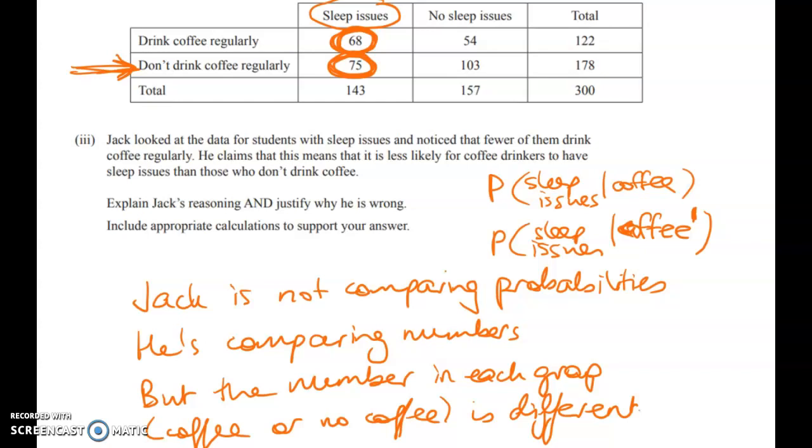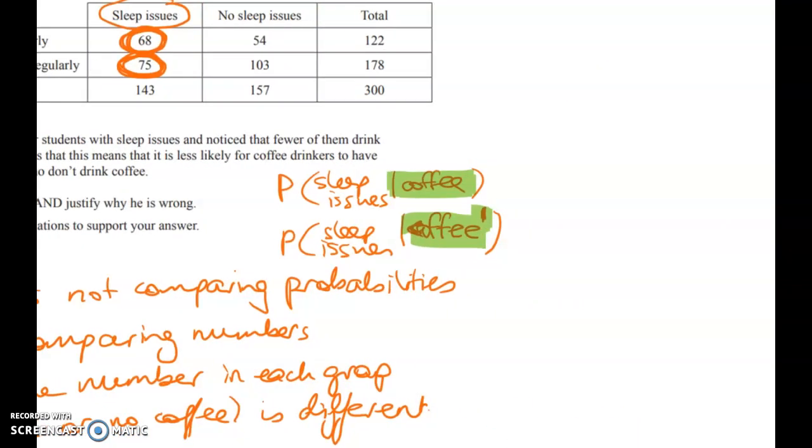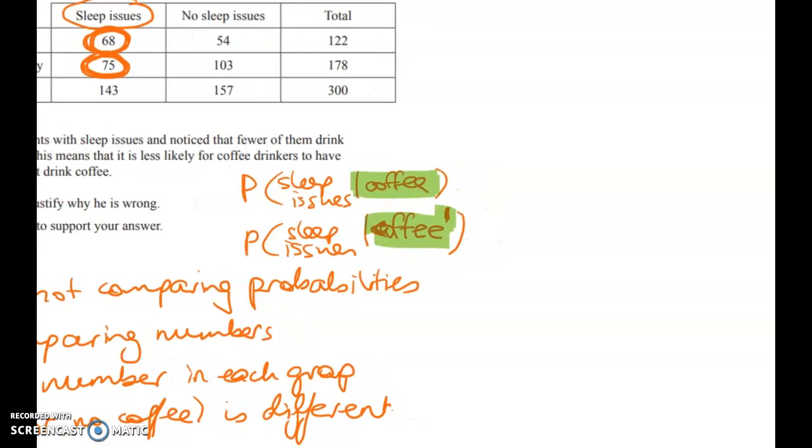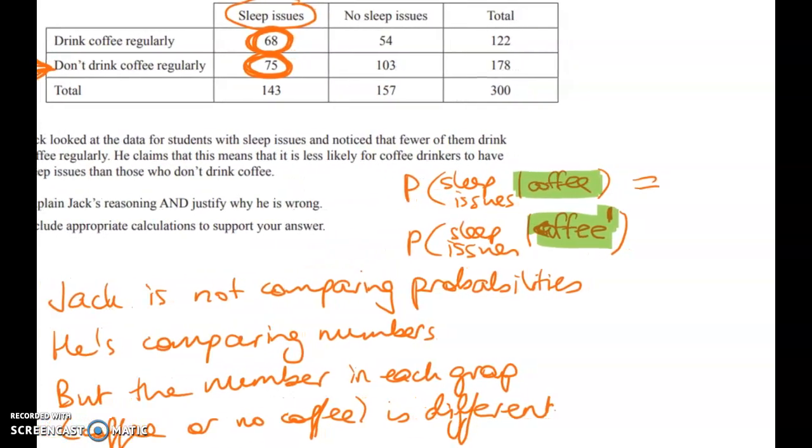They're called conditional probabilities because in this one, I'm just looking at the people who drank coffee in the survey, and in this one, I'm just looking at the people who didn't drink coffee. So let's work out what they are now. For the probability of sleep issues, given that they had coffee, I'm counting in my hat all of the coffee drinkers, right?